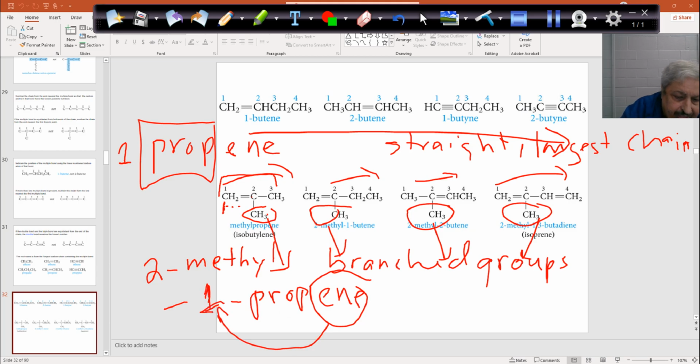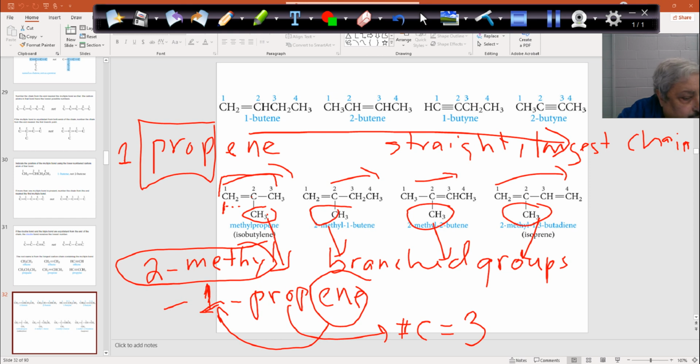This is the number of carbons, 3. And the substituent, the branch group, is hooked up to carbon number 2. Make sense, guys? This is a systematic set of steps, so you have to follow these steps.